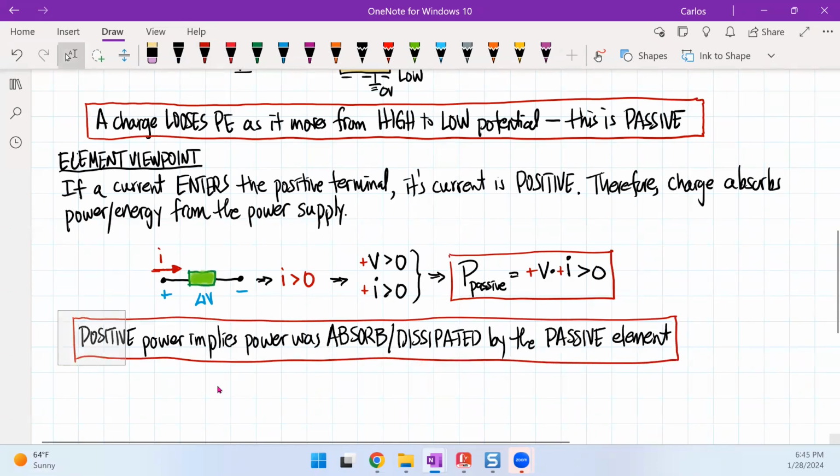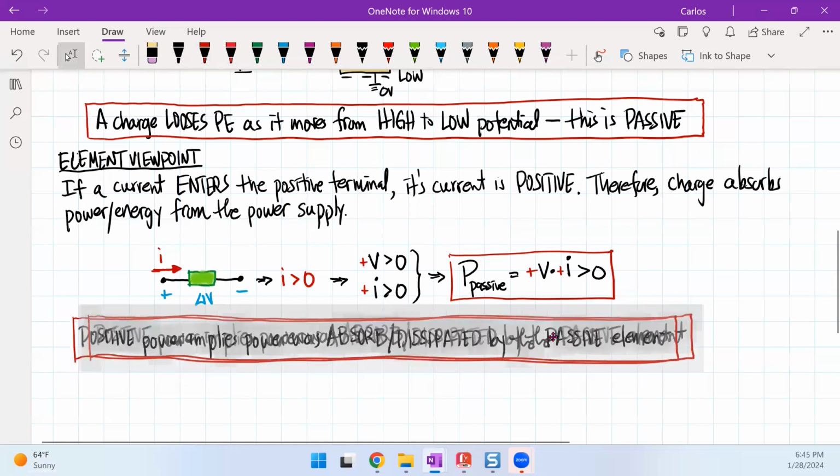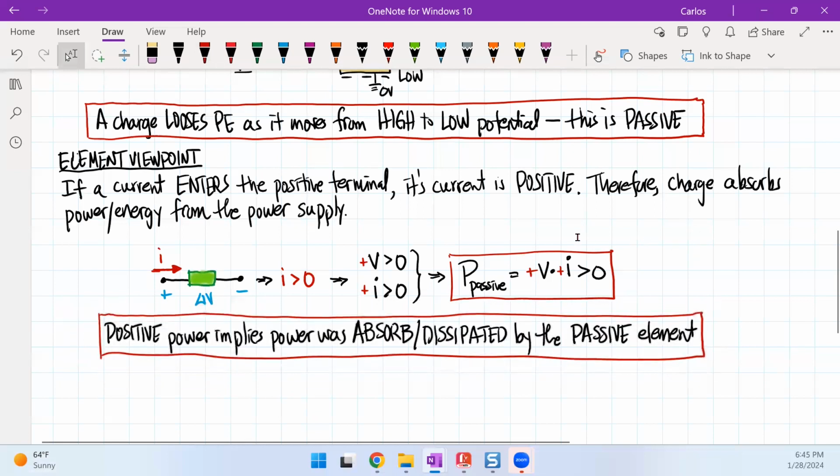So that's a big deal right here to be able to make that differentiation.